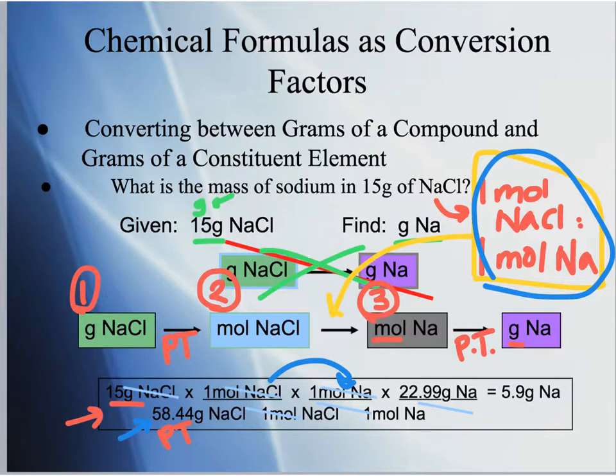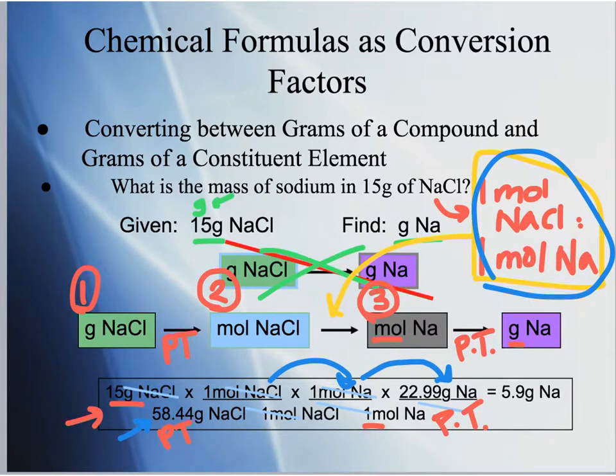And then last but not least, we're going to go from moles of Na to grams of Na, again using our periodic table. By looking up sodium on the periodic table, we can see that it's 22.99 grams per mole. So we're going to put 22.99 on top with Na and 1 on the bottom for moles of Na.